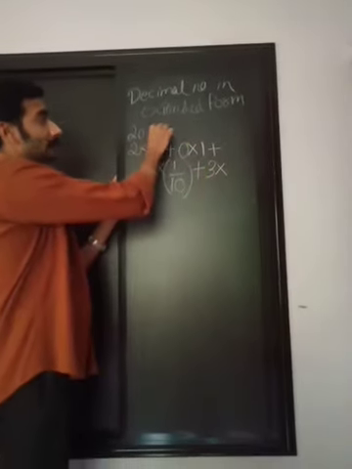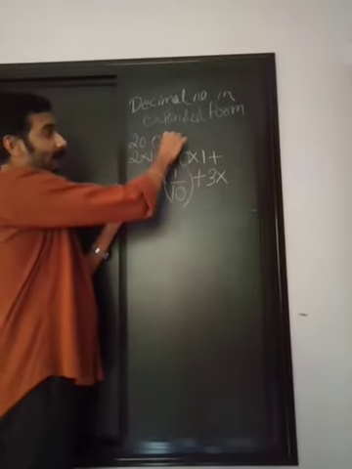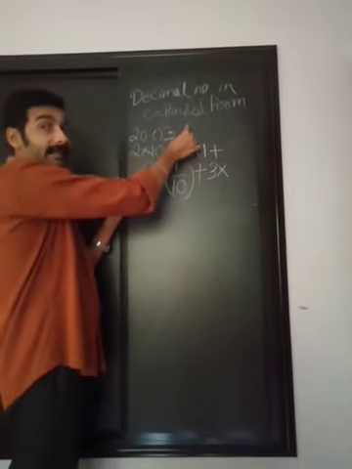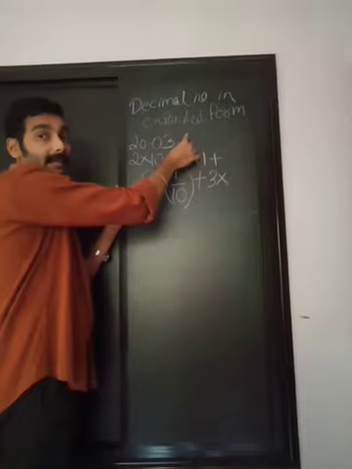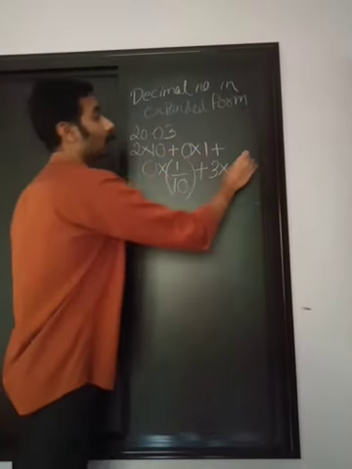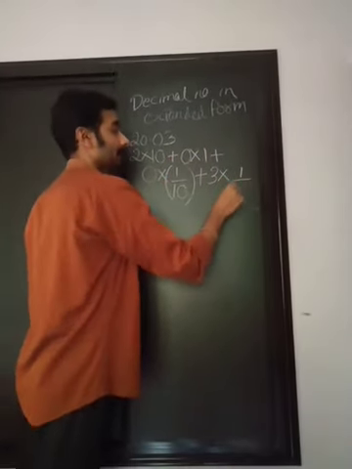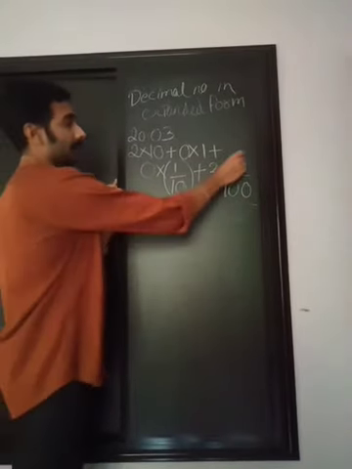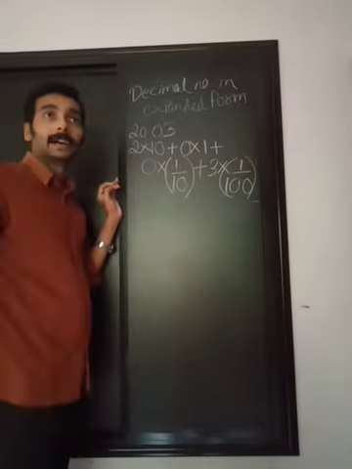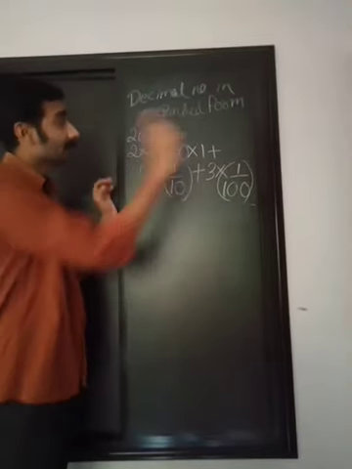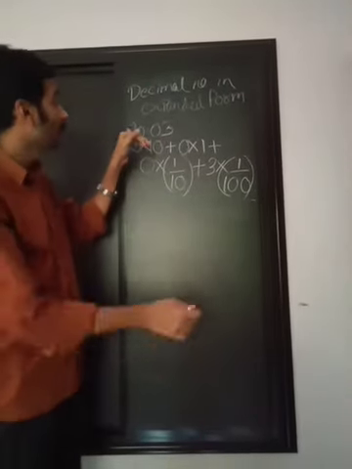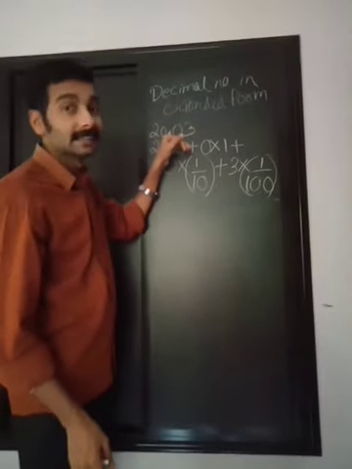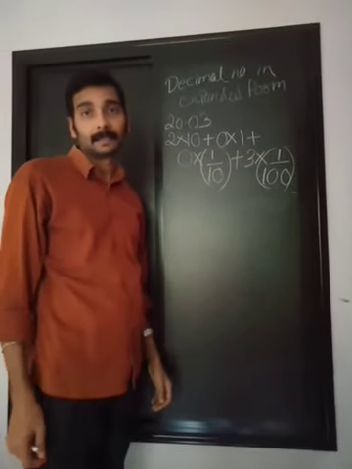This one is 1 by 10, this one is 1 by 100, and the next is 1 by 1000. So 3 into 1 by 100. Clear? This is the expanded form of 20.03. Clear?